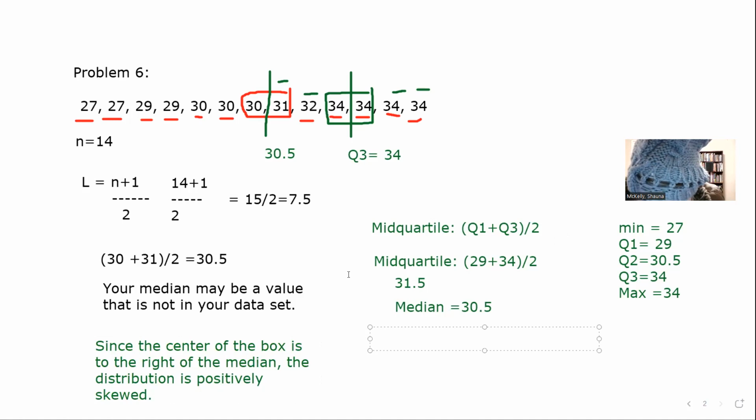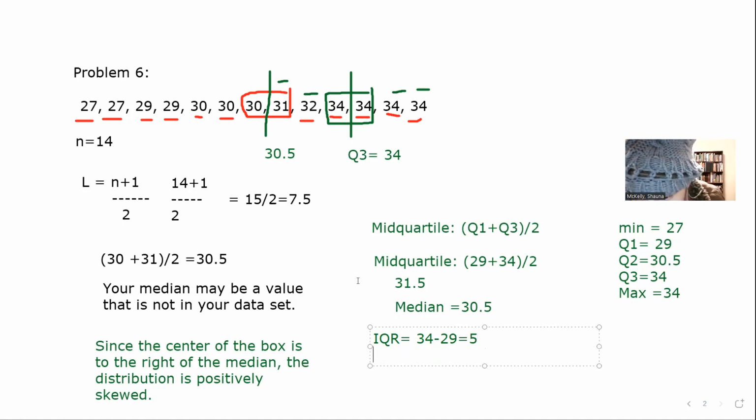My IQR is 34 minus, because remember it's Q3 minus Q1, 34 minus 29, which is 5 units, okay?